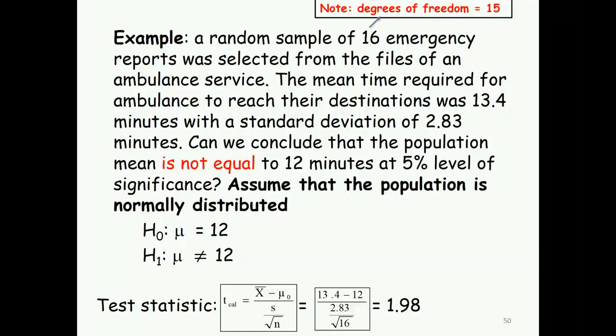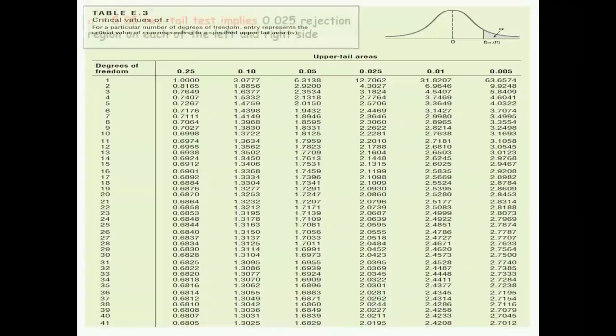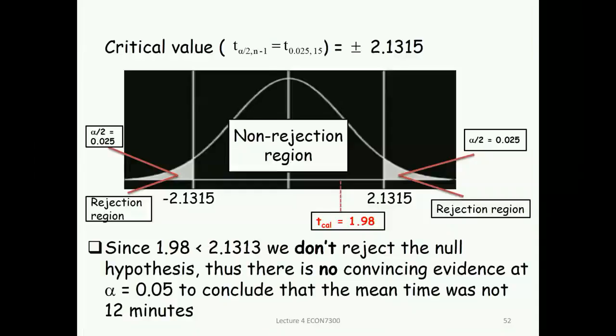What is the point of mentioning 5%? Who can tell me? Here in my conclusion, I mentioned this 5%. Why do I mention it again? I say that there is insufficient evidence at 5% level of significance to conclude that the population mean is not equal to 12.